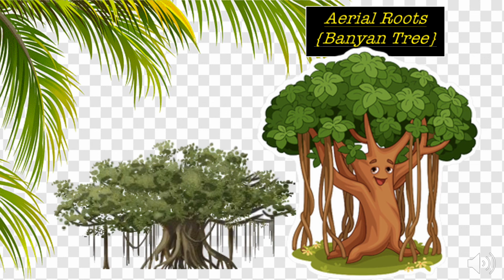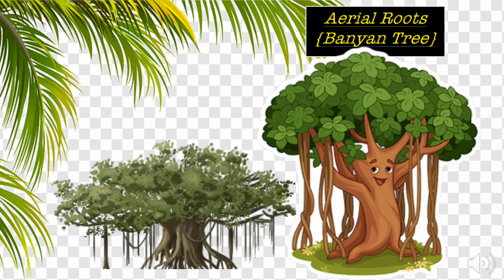So, children, here we have an example of aerial roots as well. Roots which come out from the tree itself are called aerial roots. So, banyan tree is the best example for that. Trees such as banyan have roots that grow downwards from the branches towards the ground.